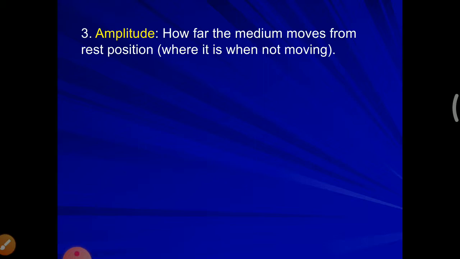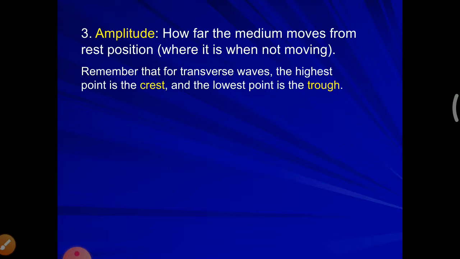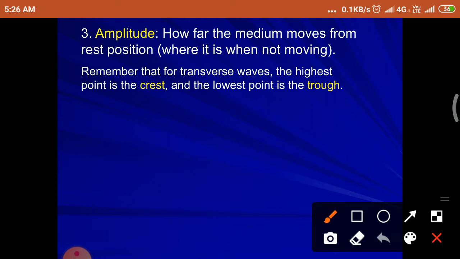The next term is amplitude. How far the medium moves from the rest position is called amplitude. Remember that for a transverse wave, the highest point is the crest and the lowest point is the trough.